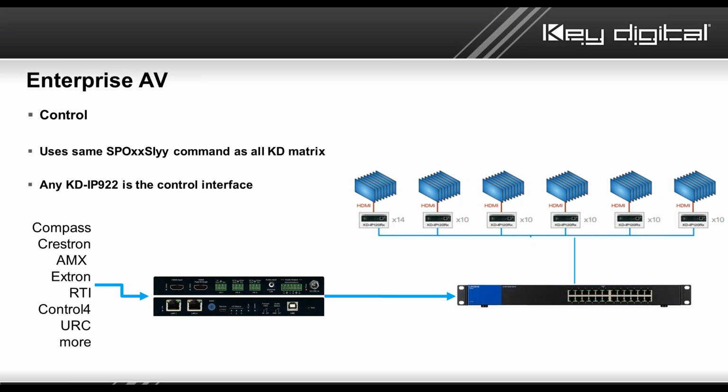In fact, it'll even respond to the other switching commands as well because we have full control over the hardware, full control over the software. The hardware totally responds to any of those old switching commands. So if you have an old system with even a Fat Boy series matrix in place, you could just transfer that wire over to one of these devices and control it.